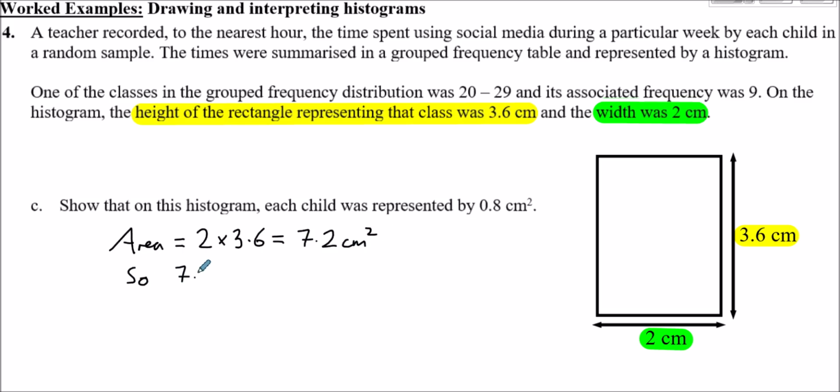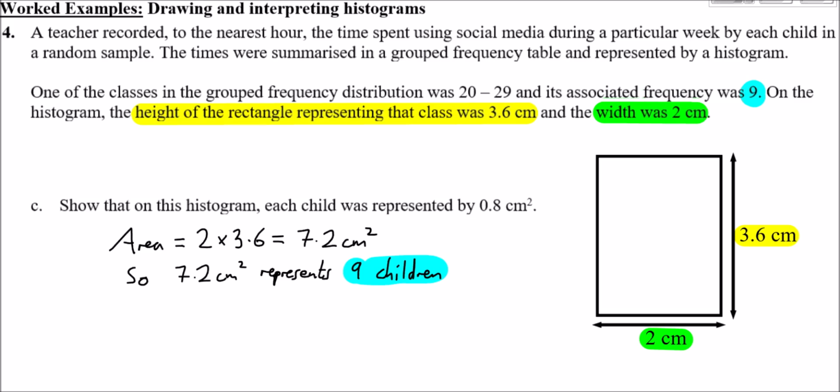So 7.2 cm squared represents 9 children, because it says the associated frequency was 9. Now we can just use some simple proportional reasoning to work out how much area represents one child. So this 7.2 is for 9 children.